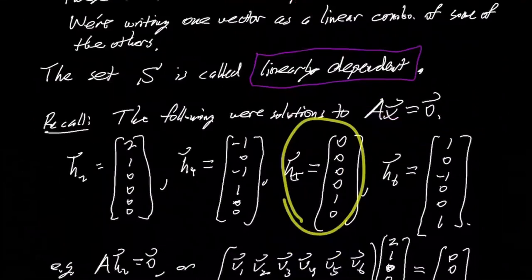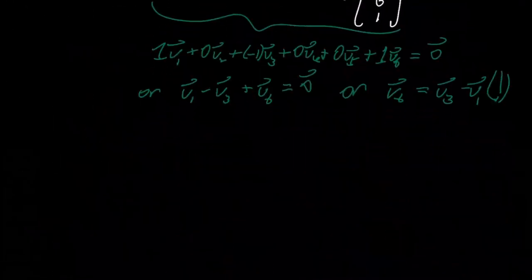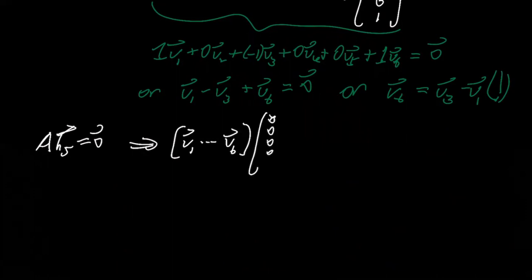And then I just want to say one thing about H5, which is that somehow it gives that linear dependence, which is kind of silly. Let's just write H5 down. Well, there's only a one. Maybe I'm going to be lazy here and write it like this: 0, 0, 0, 0, 1, 0 equals 0.